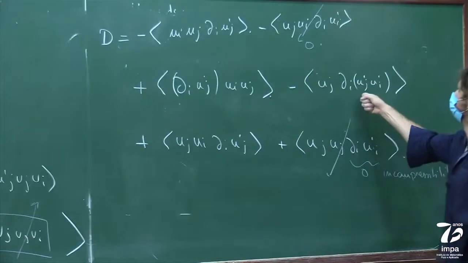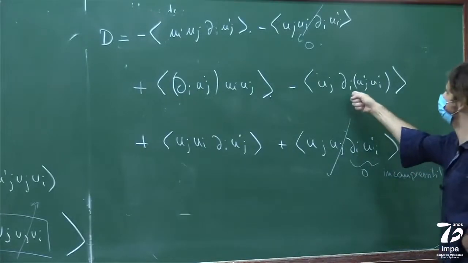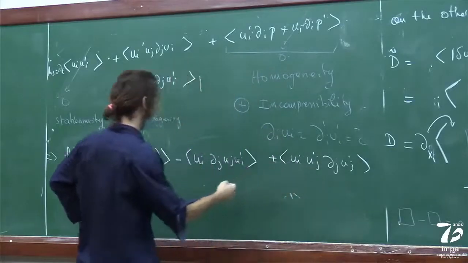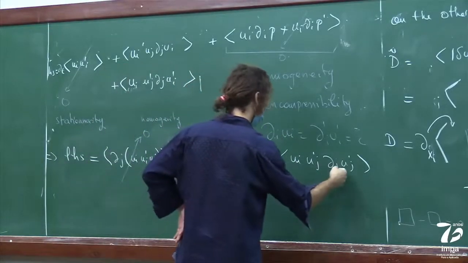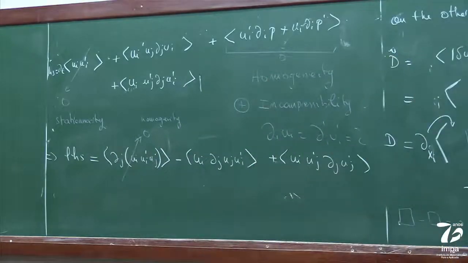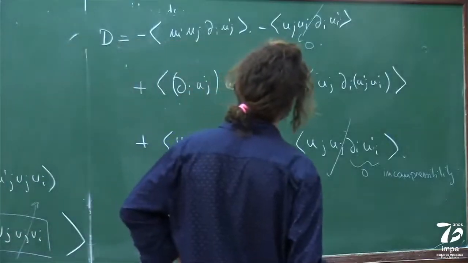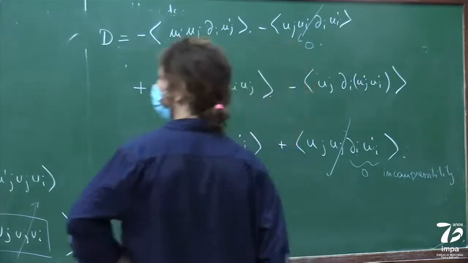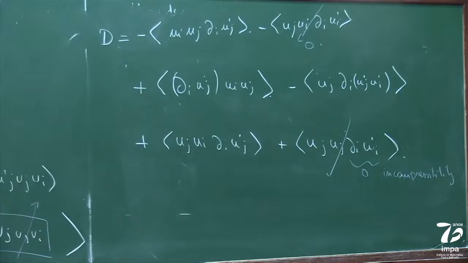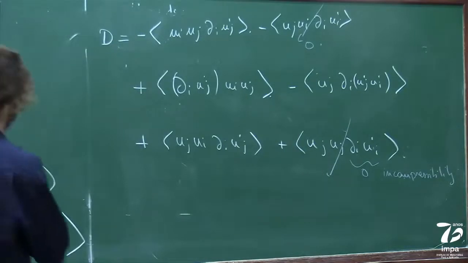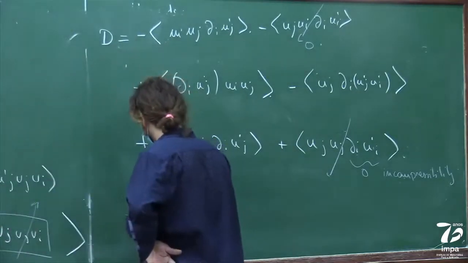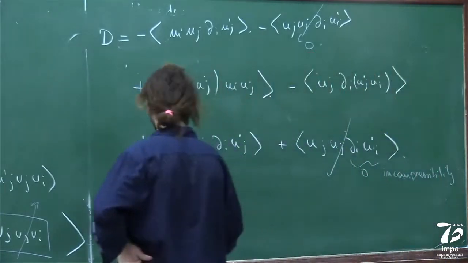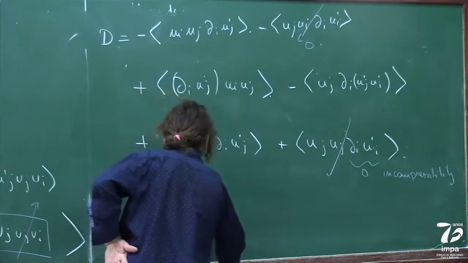This guy here is u prime j u prime i di. There could be an error, but in the end, what you get, if you are careful with the indices, is exactly minus twice the left-hand side.